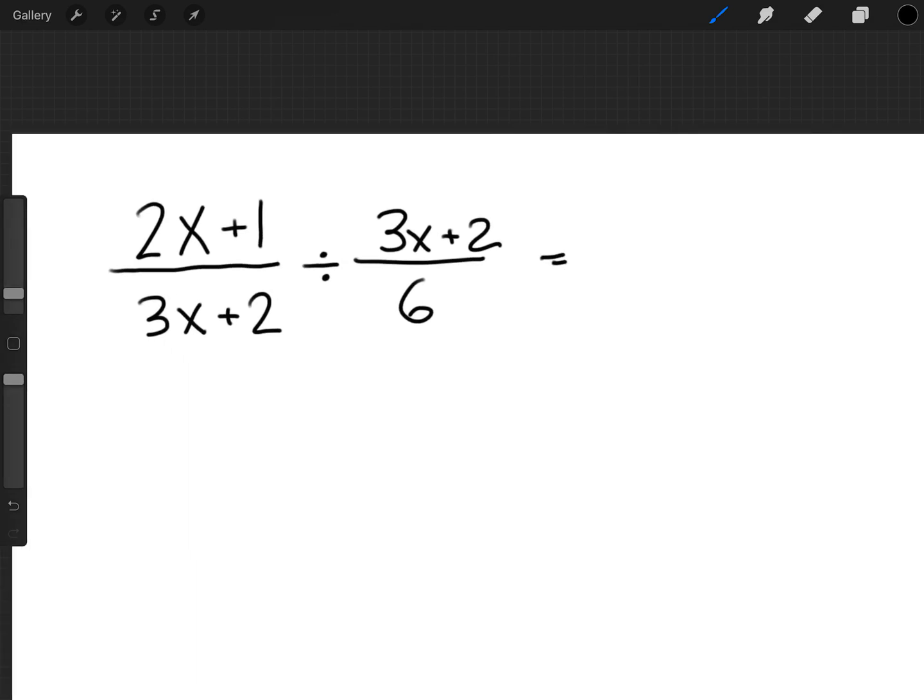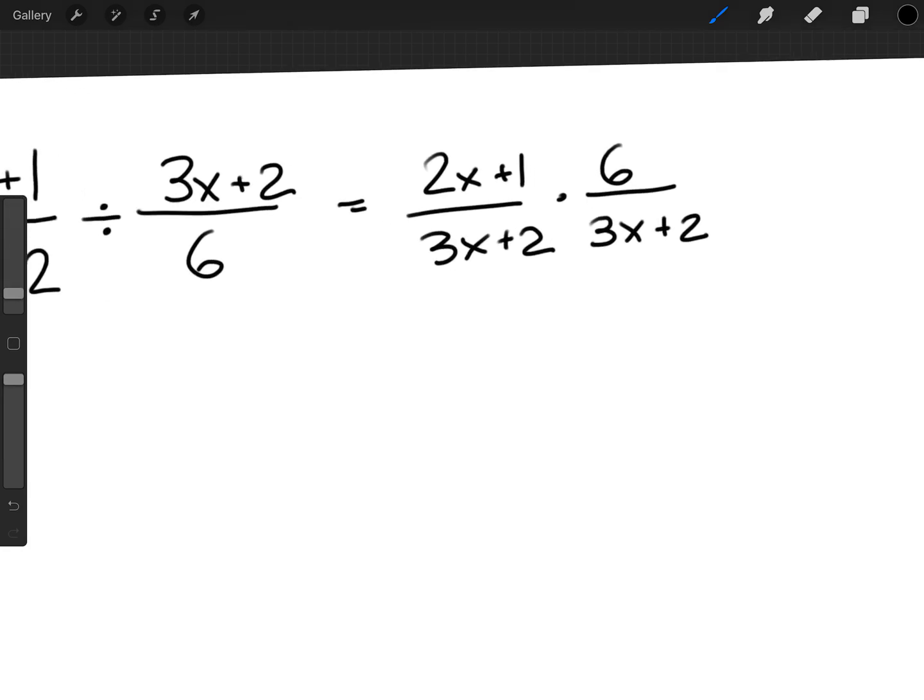And so the way you rewrite that would be 2x plus 1 over 3x plus 2 multiplied by 6 over 3x plus 2.